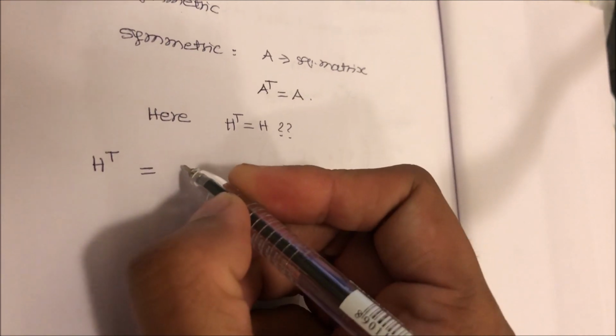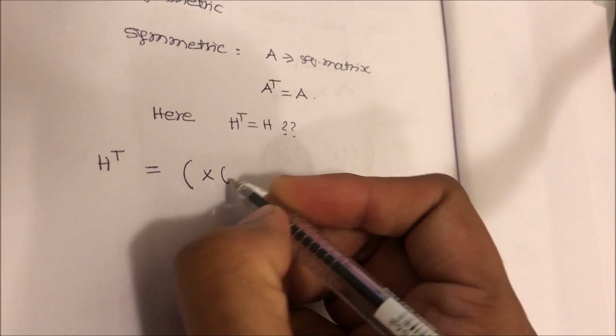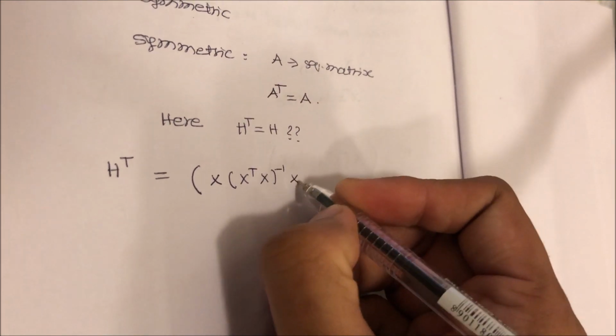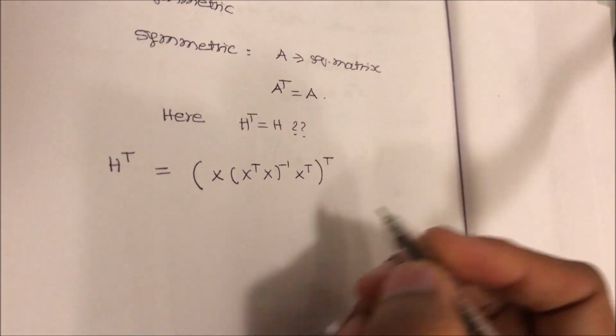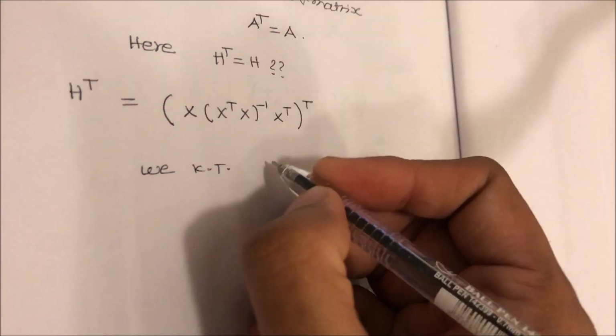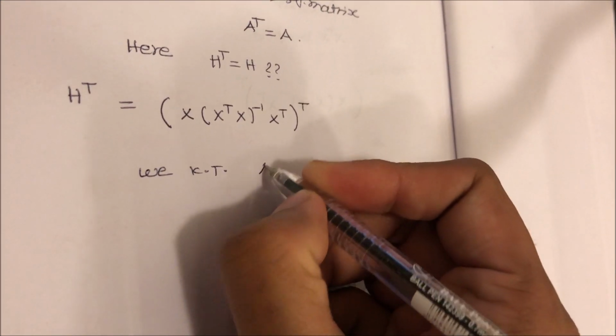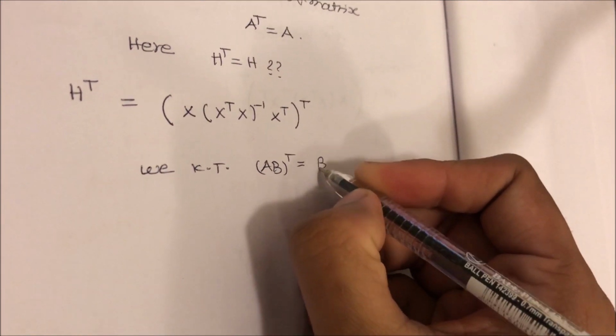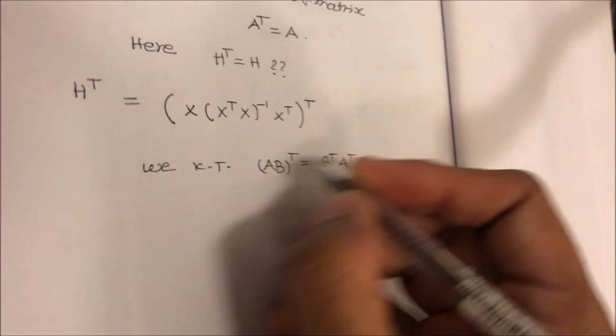That is equal to X multiplied by (X transpose X) whole inverse X transpose, whole transpose. We know that (AB) whole transpose is equal to B transpose A transpose.